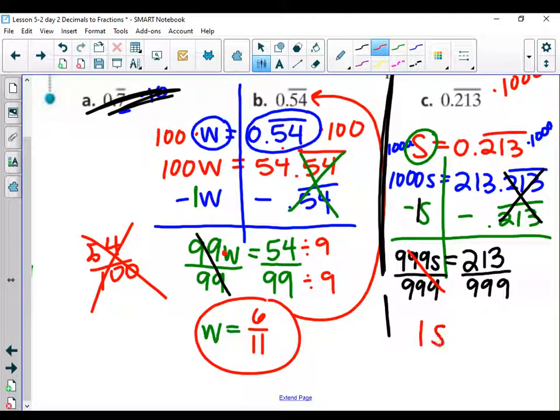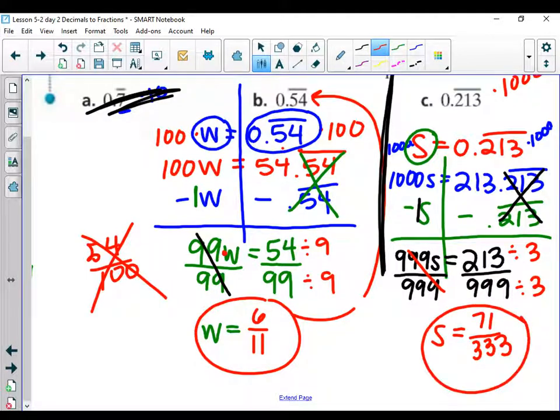One S, or really just S, what can I divide by? Oh, 3. Who would have thought that 213, 213, 213, 213 is equal to 71 over 333?